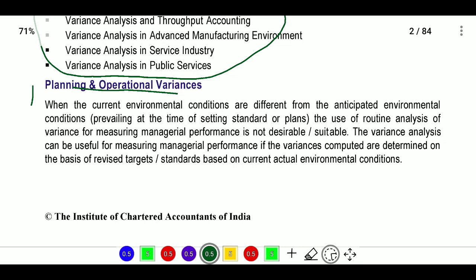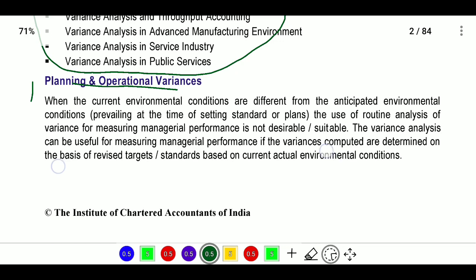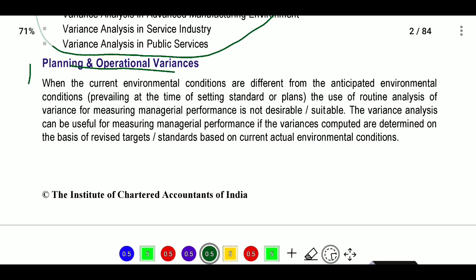Basic variances are material variance, price variance or labor variance. We will see those normal variances. Firstly, we have price. Now the advanced variances, that is planning and operational variances. Here, it is a simple comparison of the revised standard to the original standard.